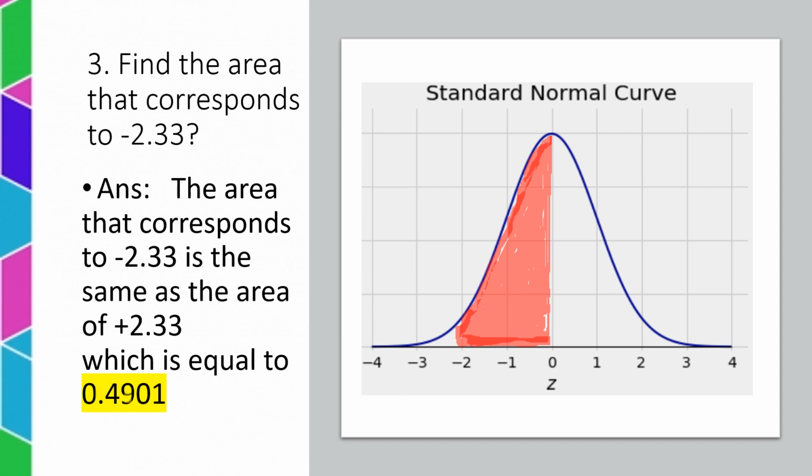Almost half the normal curve because it is 49%. 49.01%.